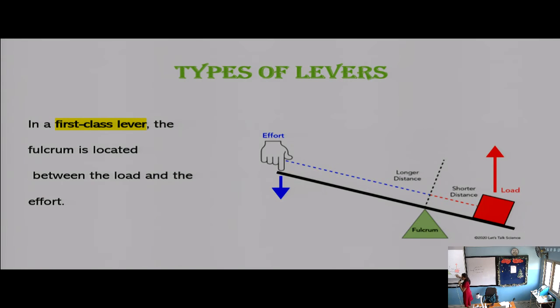So in first class lever, the fulcrum is located in between the load and effort. If you can see this picture, where is it located?